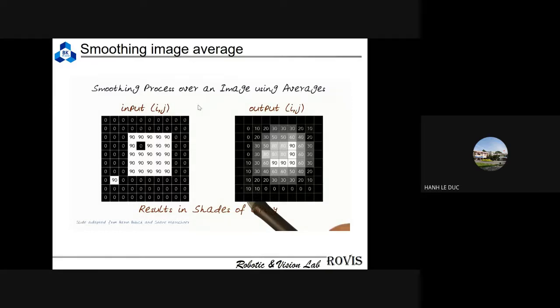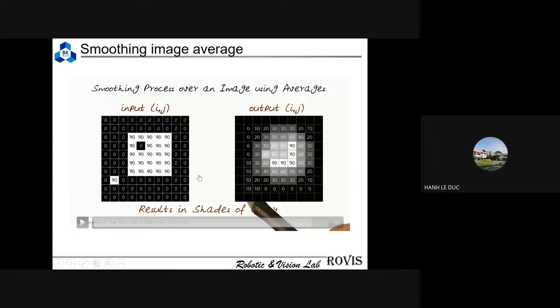For example, if you apply the blur image on this image, you can get something like edge detection, or corner detection here. I will explain more on that maybe in the next 3 or 4 weeks.